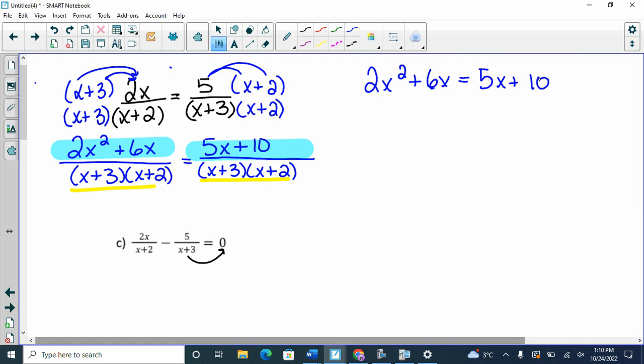If you forget what to do when you have a square, look at the bottom of your formula sheet on the left. It says I can use that quadratic formula for the form ax squared plus bx plus c equals 0.